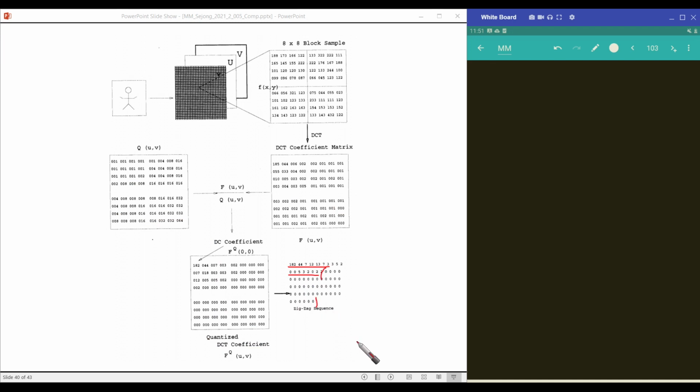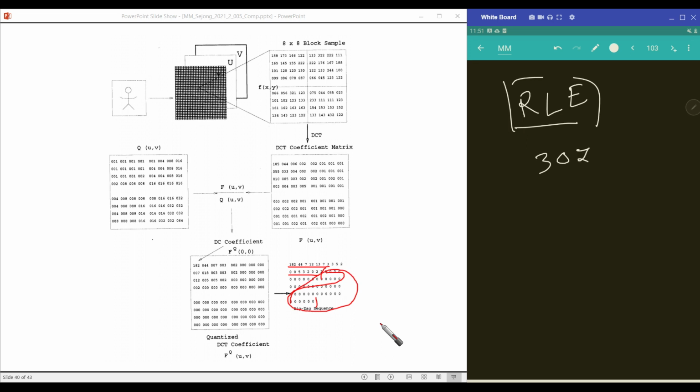Now think, if we apply some sort of run length coding, if you remember, that means we can convert all of these numbers just by using how many zeros, maybe let's say we have 30 zeros. Just using this one, right? So that's the mechanism of how we do it.